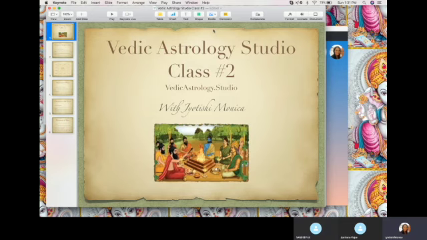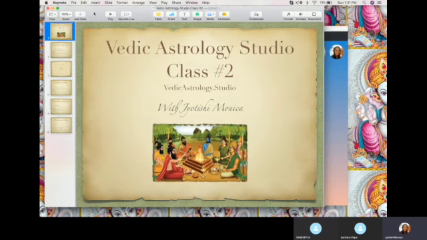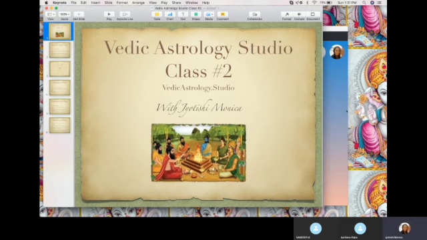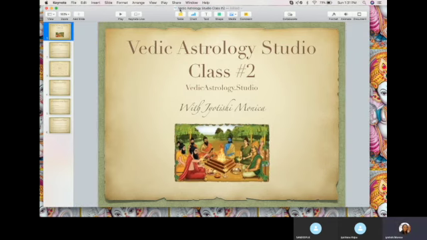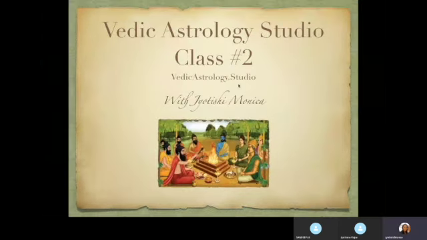So when you look at a chart, I want you to know what to focus in on and how to read the chart in terms of what houses the planets are in. So I want to give you a couple of tools to start practicing looking at people's charts and seeing where certain placements are. Okay.